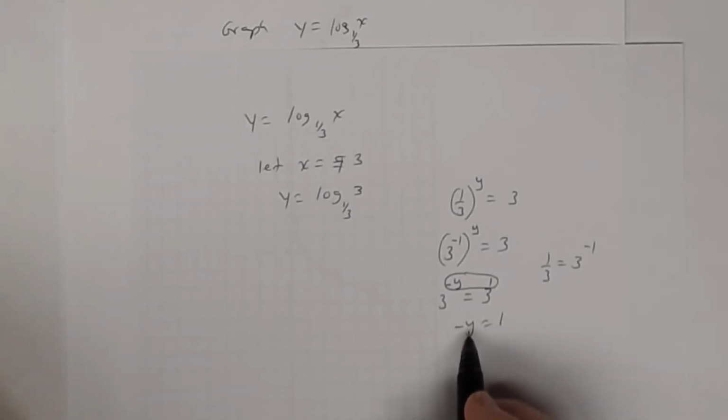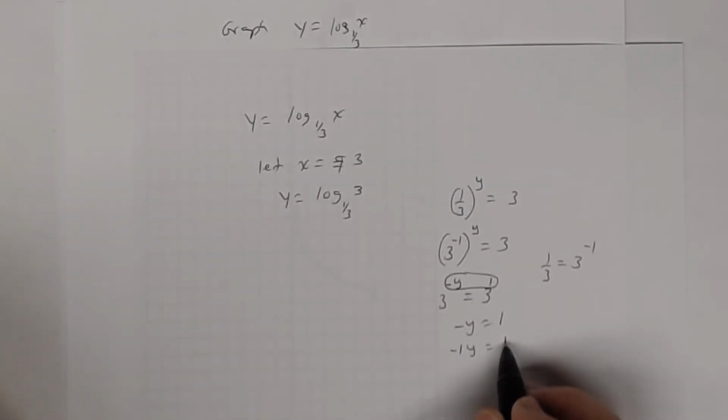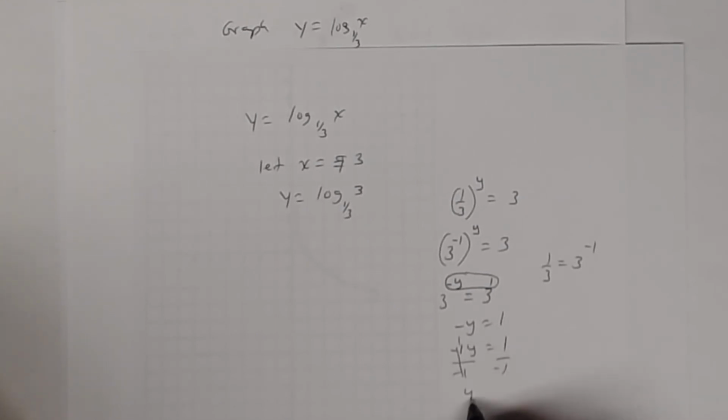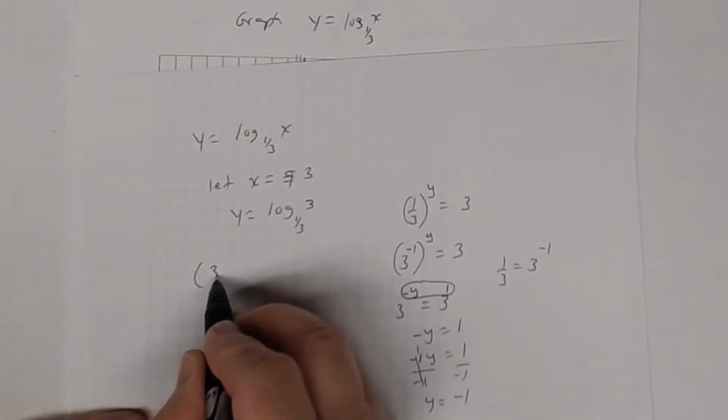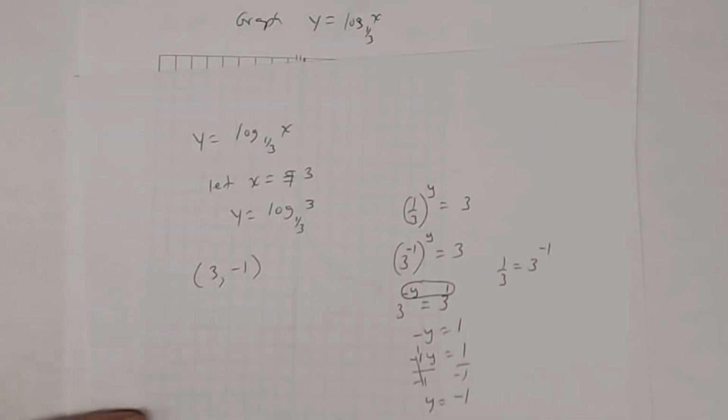And so if I solve for y, I'm going to remind myself that negative y means the same thing as negative 1 times y. Dividing both sides by negative 1, I get y to be negative 1. So when x is 3, my y value is -1.